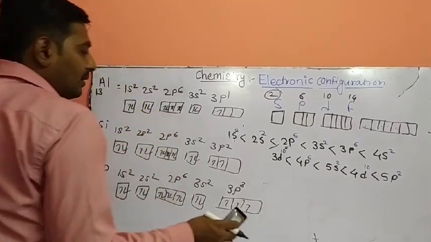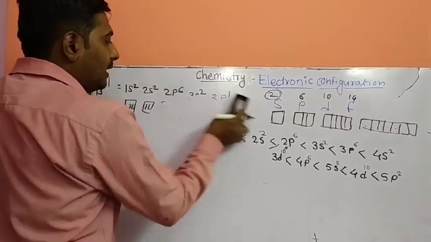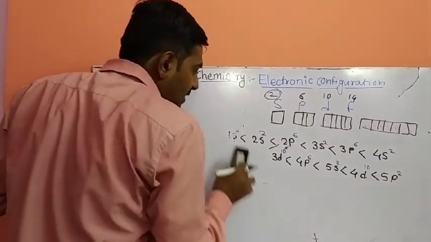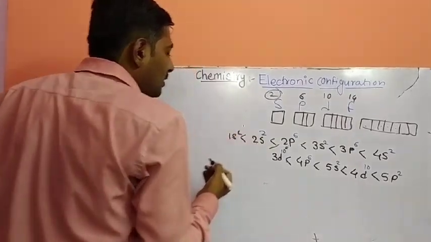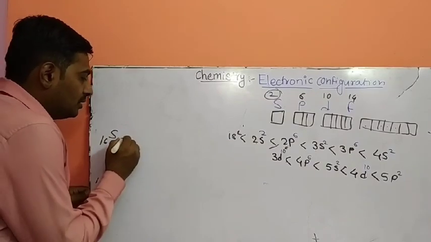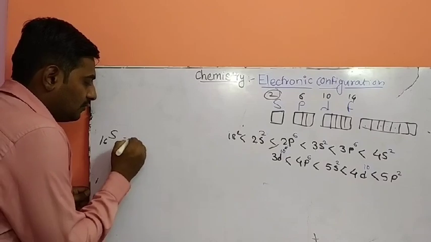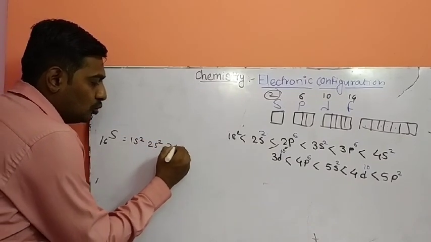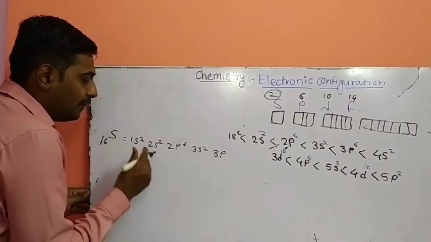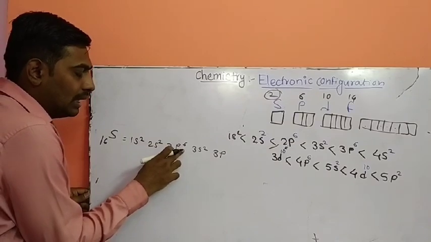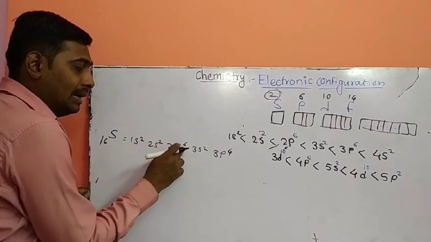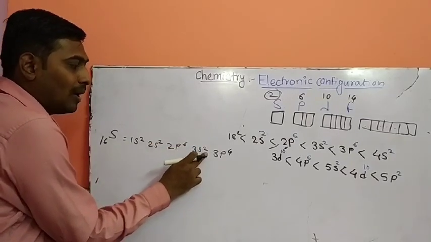Then atomic number 16, which element? You have to remember the atomic numbers as we discussed in the previous lecture. Atomic number 16 is sulfur. So what is the electron configuration? 1s2, 2s2, 2p6, 3s2, 3p4. That is 2 plus 2 is 4, plus 6, 10, plus 2, 12, plus 4, 16.